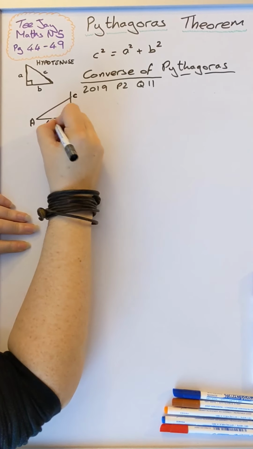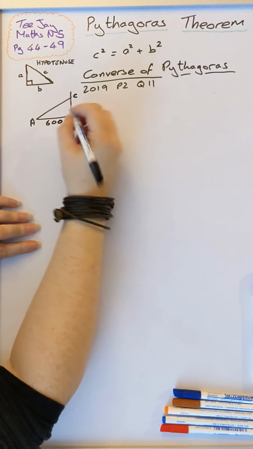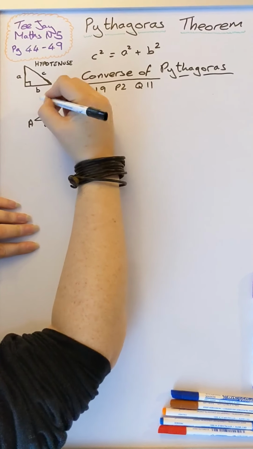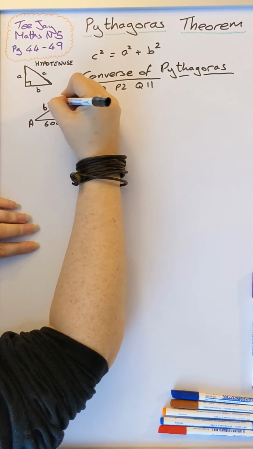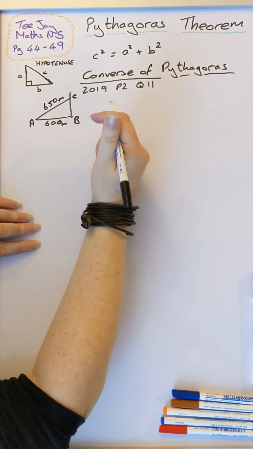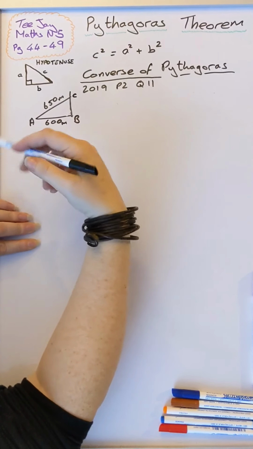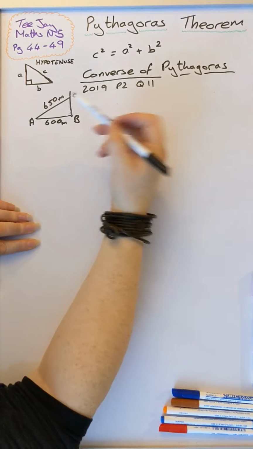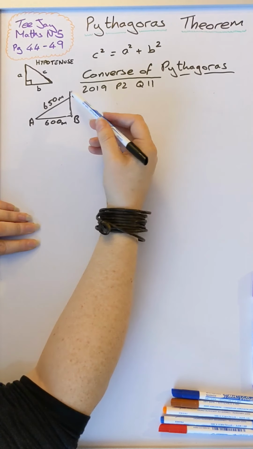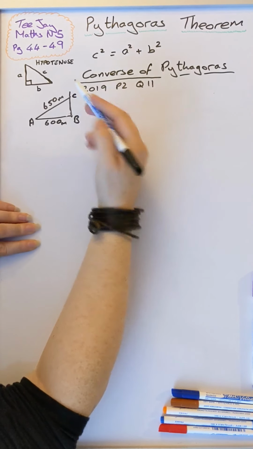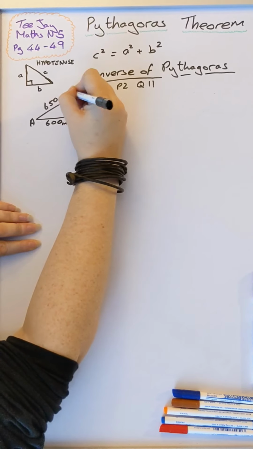You're told we've got 600 metres here, we've got 650 metres here. You're told it's the course for a jet ski race. They're going to go from A to B to C, and that C is due north of B.